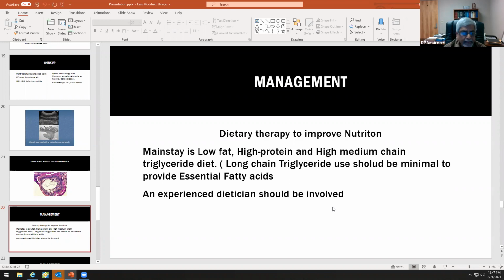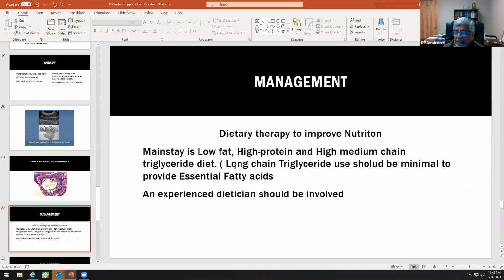So we always want to get a dietitian involved so they can manage this and get this going, okay? In infants, if you have a child with significant chylous ascites, those of you who have seen some babies in the NICU, usually we go with a formula that's got a very high amount of MCT oil in it.